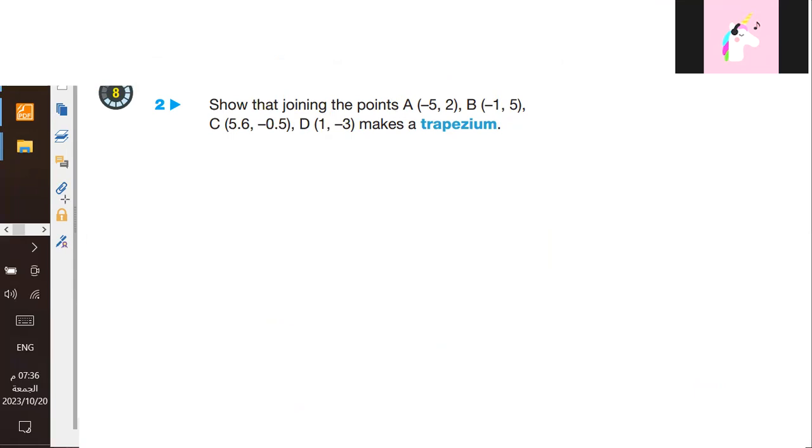So let's do it here, okay? First, we need to understand the shape or the meaning of trapezium. Now, let me do it like this. Let's use red. A trapezium looks like this, okay?